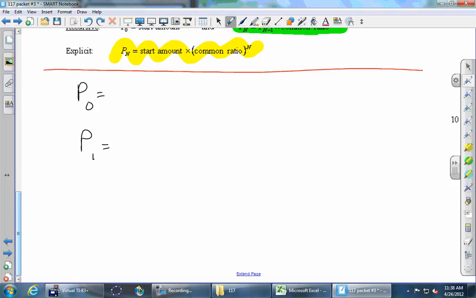Let's say that the first number is going to be 15. Scratch that, 16. First number is 16. And then the second number is 24.